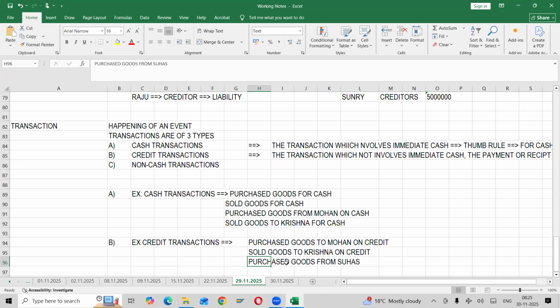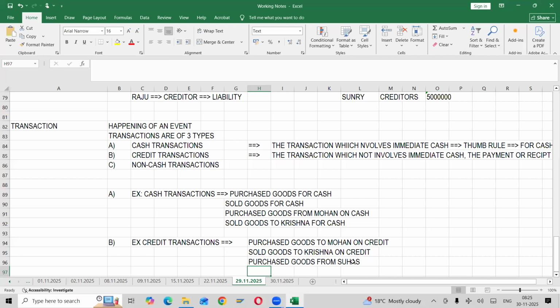Means we have purchased goods from Suhas, so we have not yet paid any amount to him. So we are going to pay in future. Clear, everyone? Yes, it is nothing but a credit transaction.